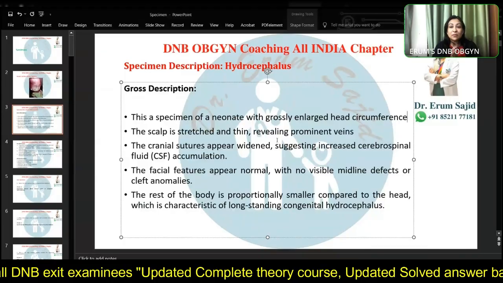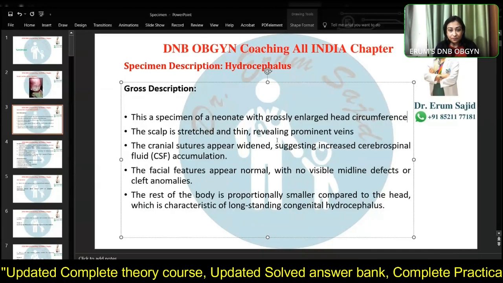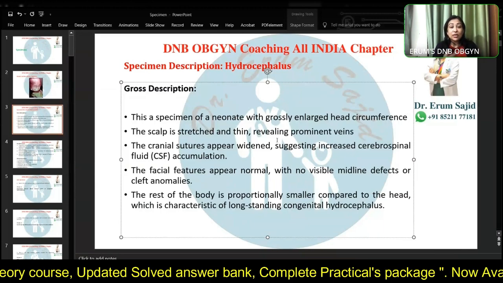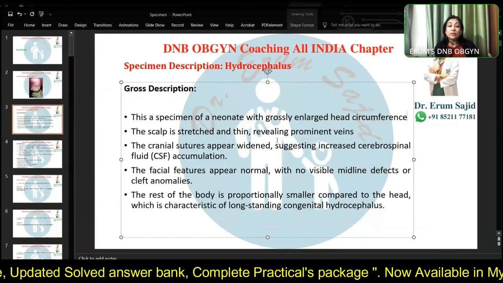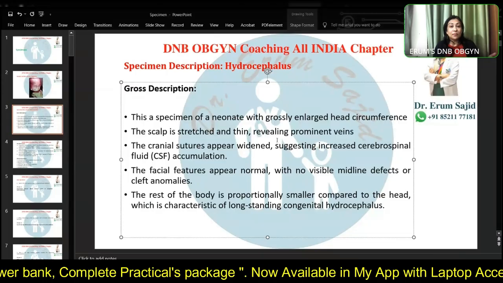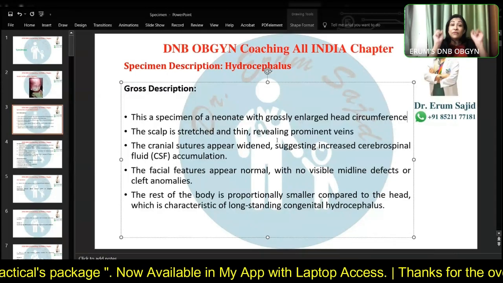You will say the specimen is showing a grossly enlarged head. The head circumference is enlarged. Scalp is stretched out, revealing prominent veins. Cranial sutures appear widened, most probably due to increased CSF accumulation. Facial features are normal.